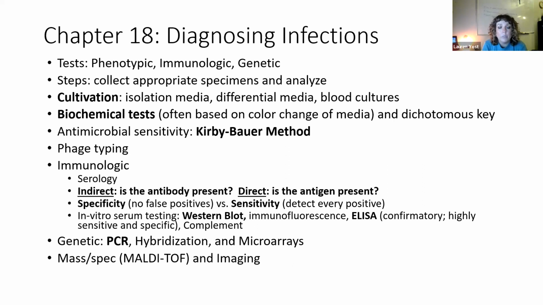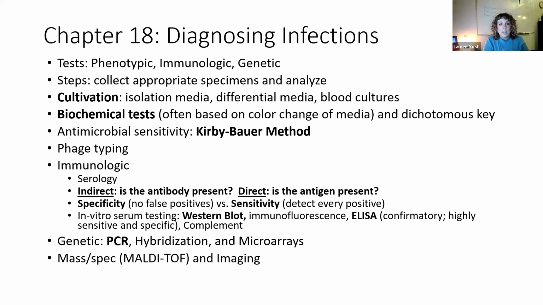However, in the indirect version, we would have a known antigen put on a substrate. Then we would add the patient serum, which we think might have the antibody. And if it does, we'll add another secondary antibody that binds to antibodies. And it has the fluorescence on it and will glow because of that. So that's how you do direct versus indirect, respectively, for immunofluorescence.